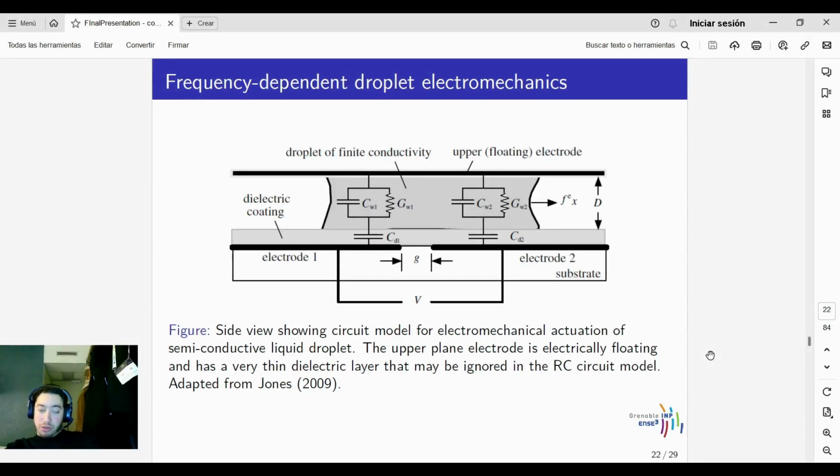And also due to this non-constant voltage difference, the dielectric coating is going to experience a certain capacitance, as we can see here denoted by CD, and CD1 and CD2 for the two different electrodes.